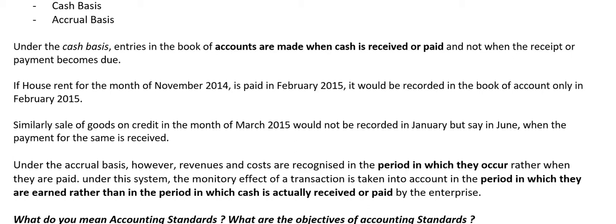In case of monthly expenses, say I am incurring a monthly rent of 25,000 and I am paying it quarterly. What will happen in cash basis of accounting? It will be recorded at the end of each quarter.